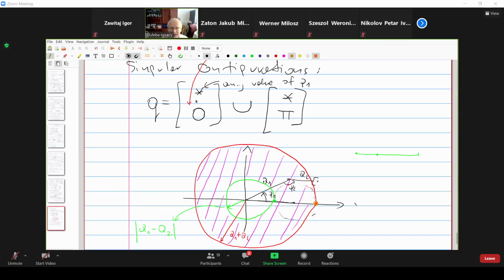If I take the value, let's say 10 degrees, I will obtain this point. So if I change Q1, I will get this shape, the outer circle.